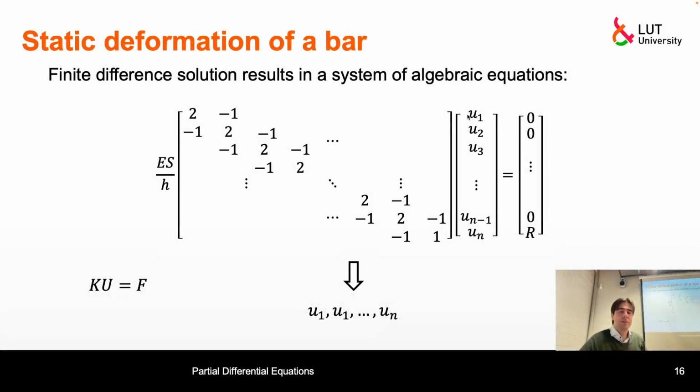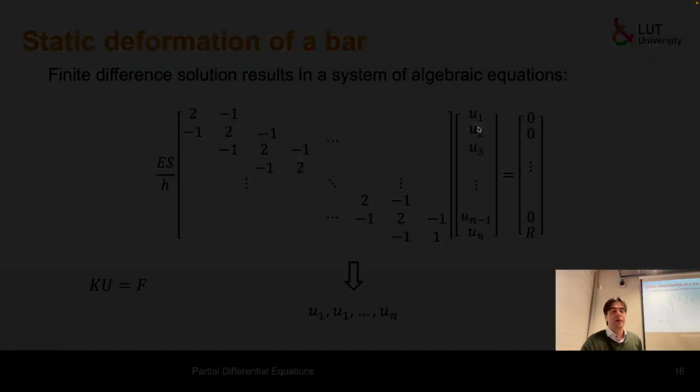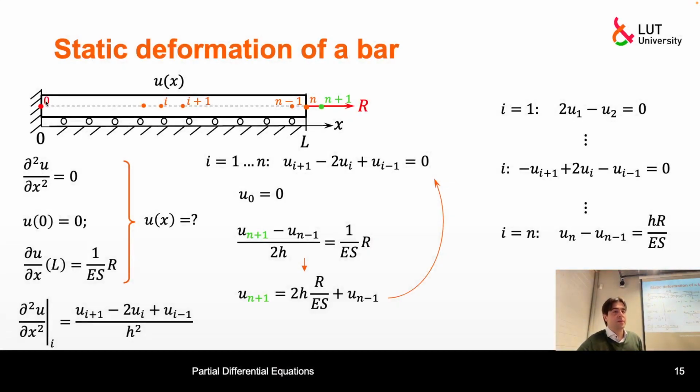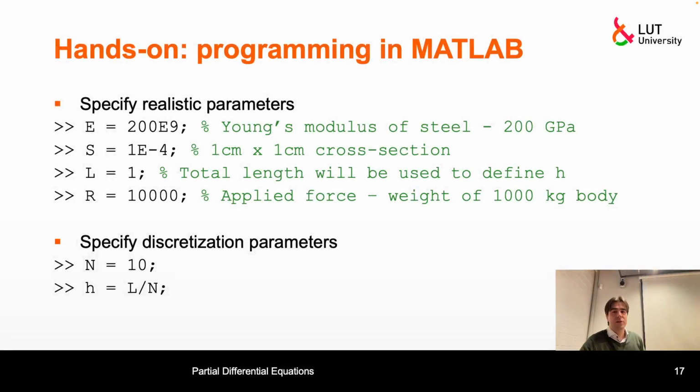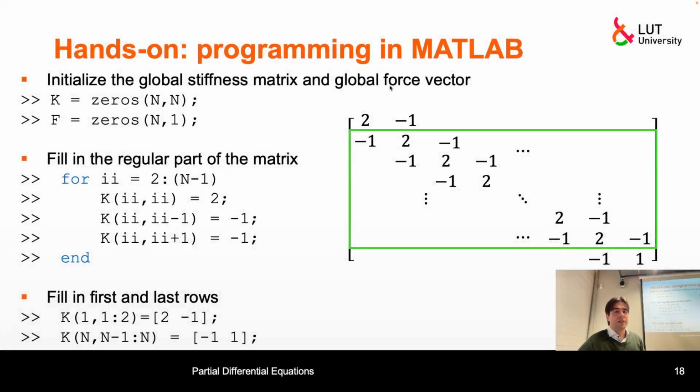The first displacement value in our column of unknowns is u1, which is already somewhere to the right of this constraint point. So that resulted in this value 2 here in the left top corner, which does not match exactly this situation. That was because we did not include this zero displacement in our column of unknowns.